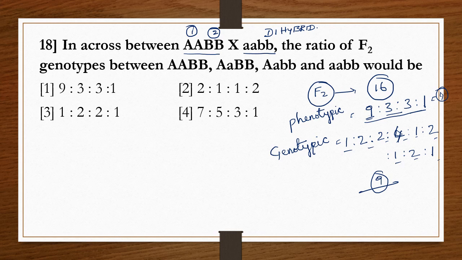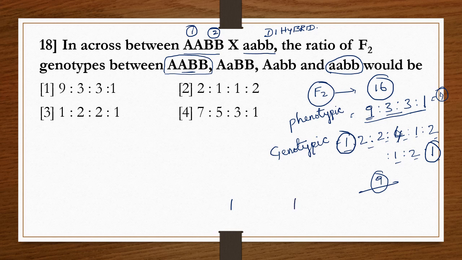Now in this 9, what is the ratio? AABB is completely pure breed. The pure one is only one, the homozygous dominant. And the last, homozygous recessive, is also only one. So the first and the last are one each.